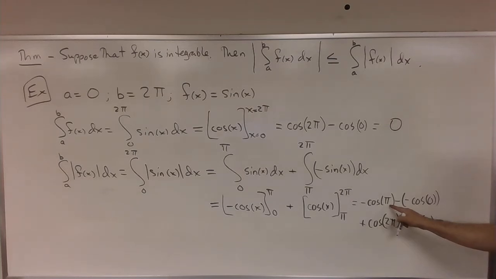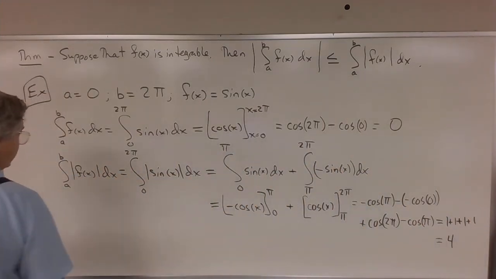Cosine of pi is 0. No, it's not. Cosine of pi is -1, but negative that is +1. Cosine of 0 is 1. So minus a -1 is +1. And cosine of 2 pi is 1. And cosine of pi is -1, but we're subtracting that, so that's +1. We get 4. Son of a gun.